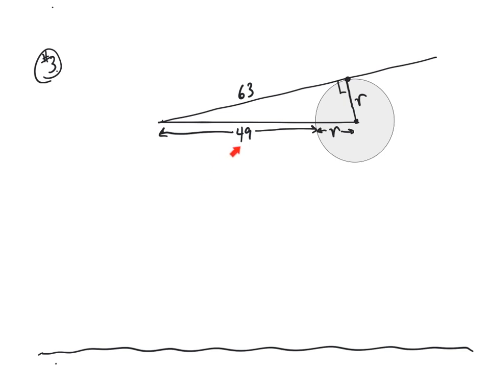This piece that's 49 long, from the outside of the circle to this point is 49, and then the inner part, which of course is the radius again. So with a little bit tougher numbers, the Pythagorean theorem would be leg squared plus leg squared equals hypotenuse. Again, you have to add those two chunks together, squared.